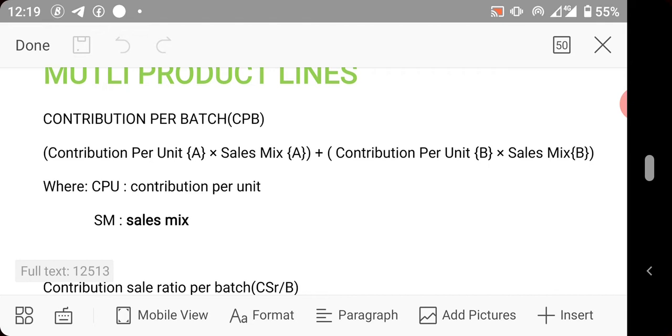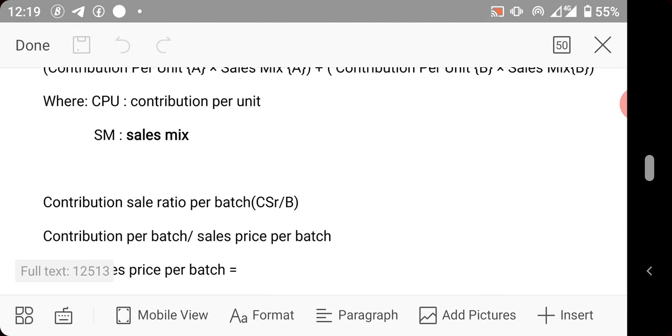Now we are going to be using CPU to mean contribution per unit, and we're going to use XM to mean sales mix. So should you see that subsequently? Now, contribution sales ratio per batch: it used to be contribution sales ratio per unit, so it's not per unit, it's per batch.